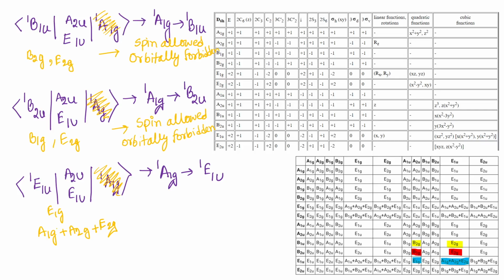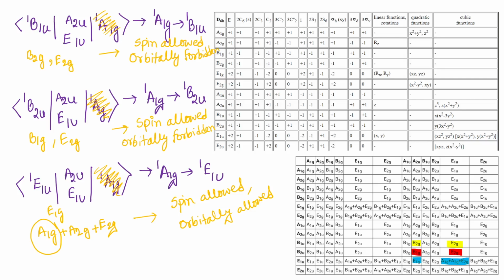So that makes it spin allowed and orbitally allowed, right? So that is going to have the highest intensity absorption peak, it is going to absorb more, right?